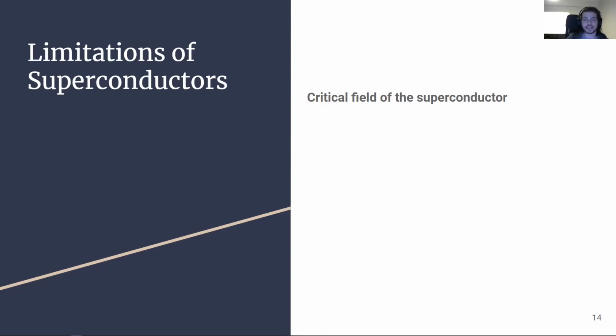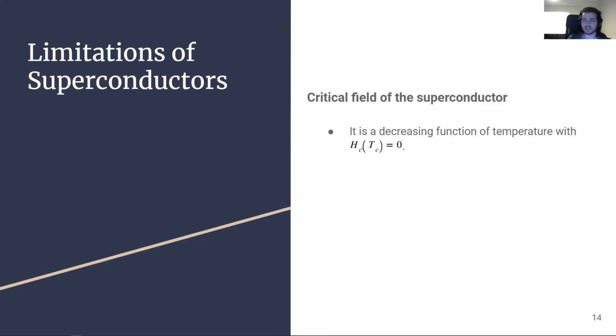So this is not good for us because there's a relation between the maximum current that we can pass through the superconductor and the maximum critical field that we can apply to a superconductor before it loses its superconducting state. And this critical field is also a function of temperature.